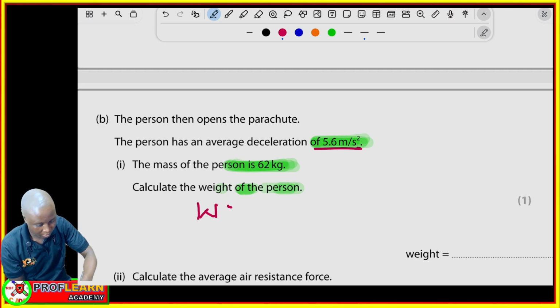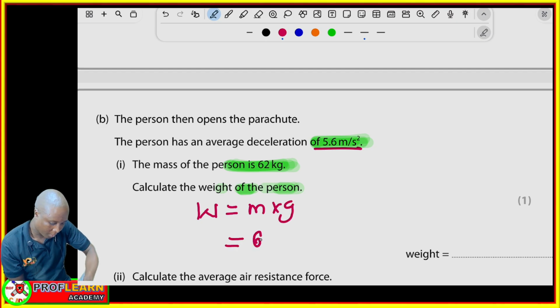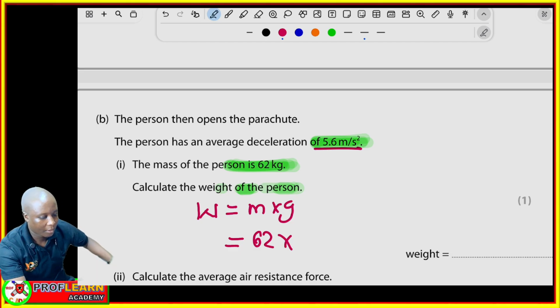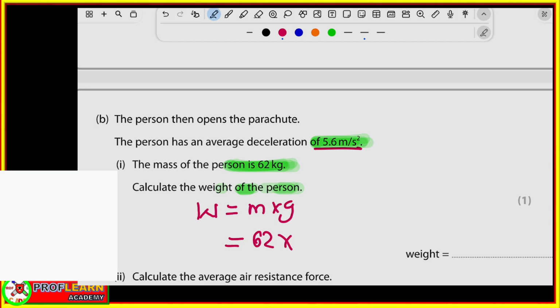Weight is equal to mass times gravity, which is going to be 62 times... I need to check which constant they have provided for us to use as G. G is given as... we shall use 9.8 here.